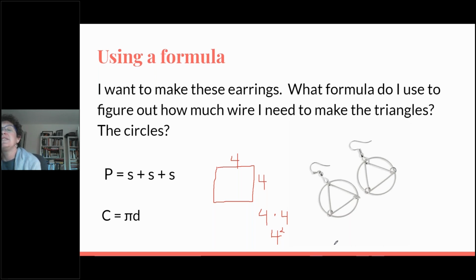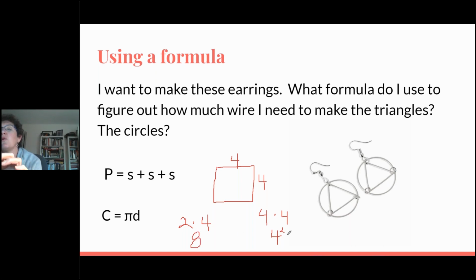So that is totally different than saying the length of these two sides is 2 times 4, which is 8. 4 squared is 16.